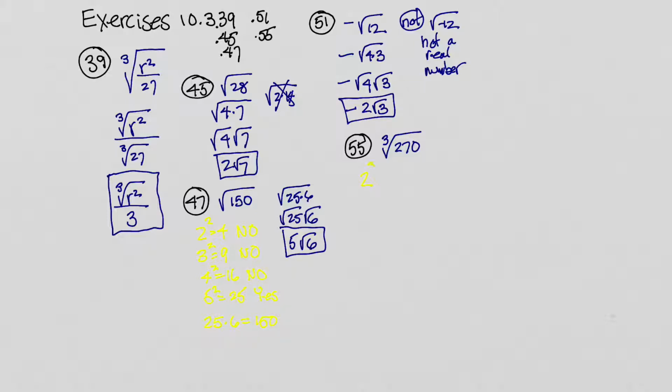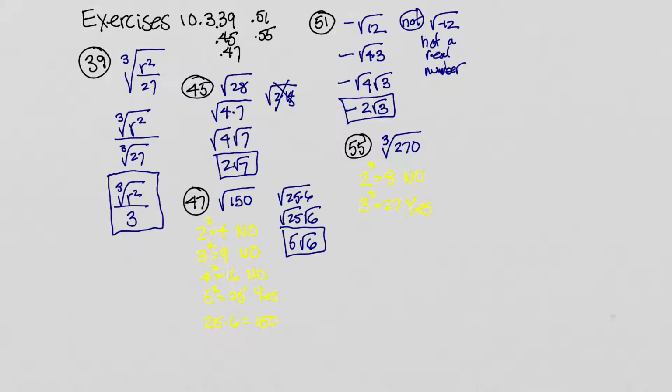But what about 2 cubed? 2 cubed is 8. Now 270 divided by 8 is not a whole number. So 2 cubed, 8, does not go into 270, so I'm not going to use that one. What about 3 cubed? 3 cubed is 27, and maybe you can see it. 270 divided by 27 is going to be 10. So this one does work.